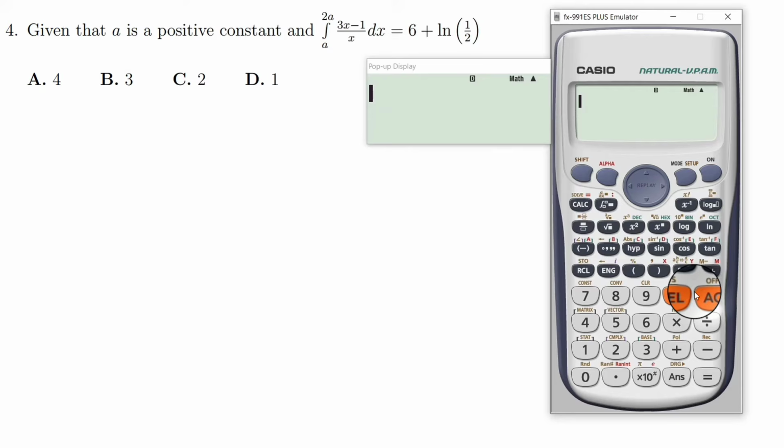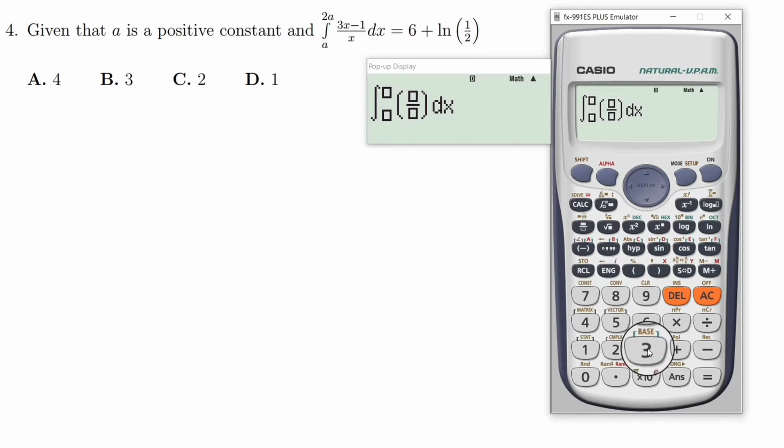Okay, now after that we can put in our definite integral. Don't forget that you need to open and close your brackets just to be on the safest side. Then we put in this fraction here. We have 3 alphabet x minus 1, then press your arrow down, then we have this to be alphabet x.